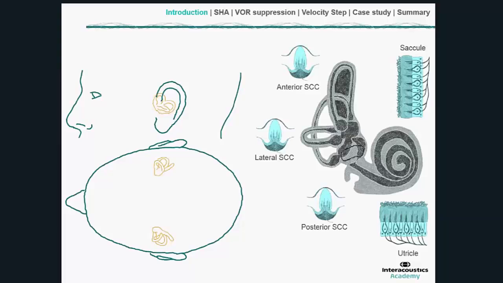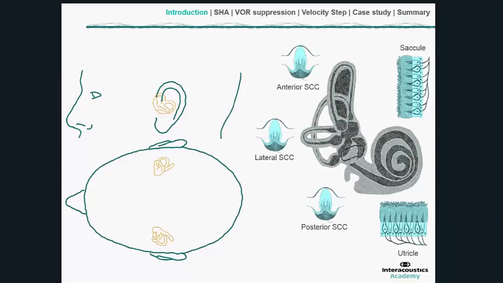Now, what we have here is a schematic on the left of the screen, a top-down view of the labyrinth. That's the vestibular labyrinth, which is the part of the ear that's responsible for balance. And if we draw our attention to the schematic on the right side of the screen, we can see that there's an interesting division of labour when it comes to providing the sensory input that we use to maintain balance.